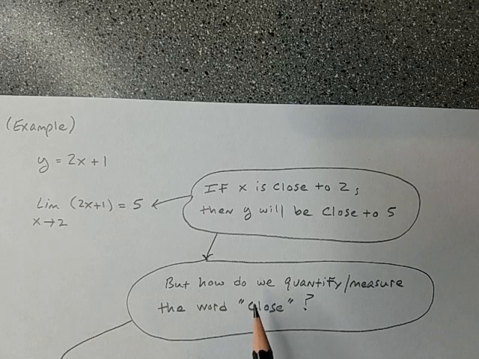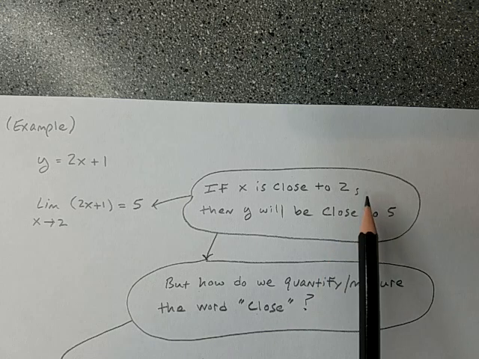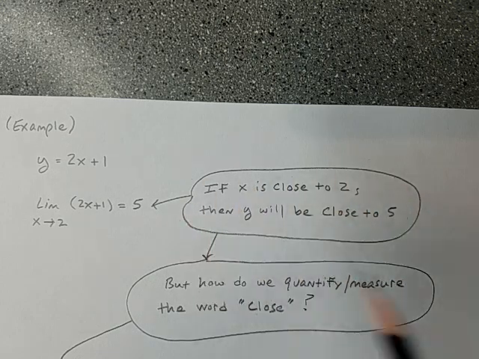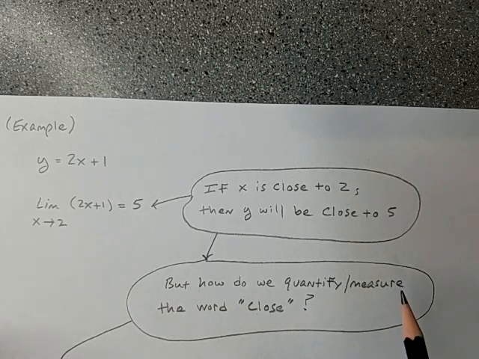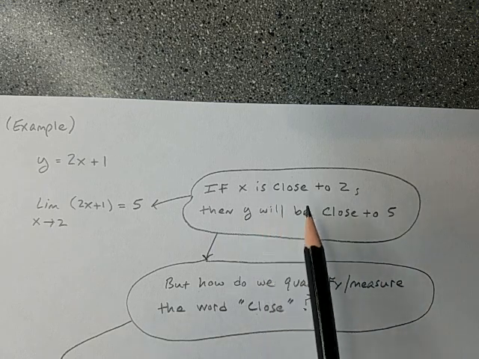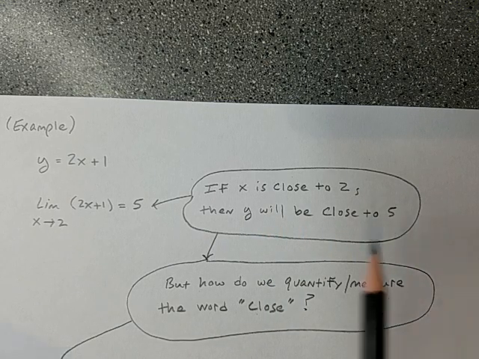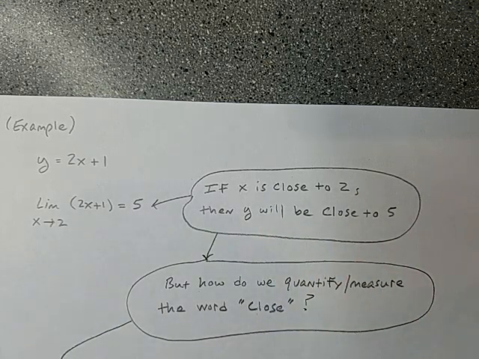So we need a way to quantify or measure how we're using the word "close" in this statement. That is our objective in this video: to quantify and measure what we mean by close, because mathematics is a lot more precise than that.